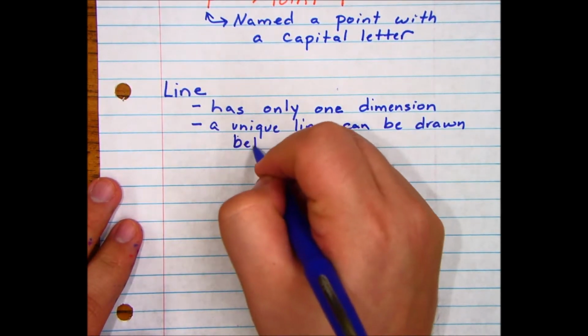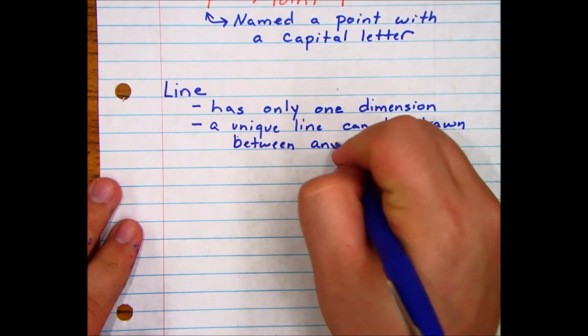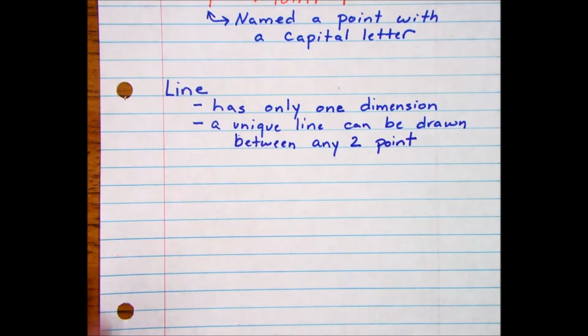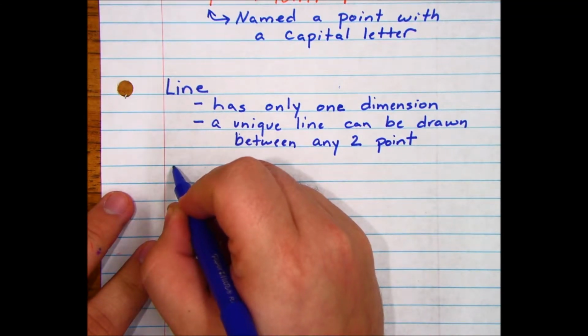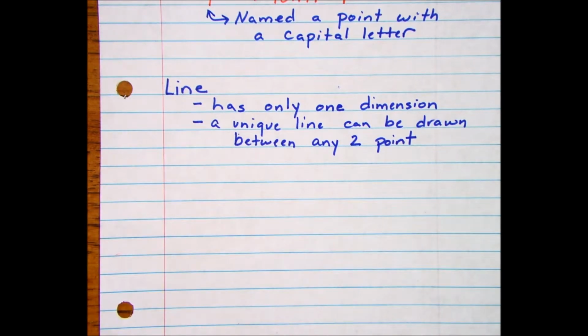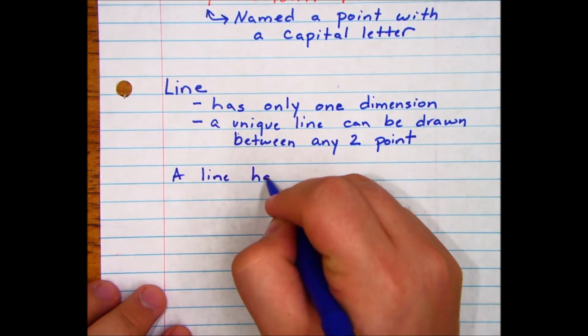Now, of course, if we're drawing any line, we know from Algebra 1 that this line has an infinite amount of points. It's just unimaginable how many points are possible. So a line has an infinite amount of points.